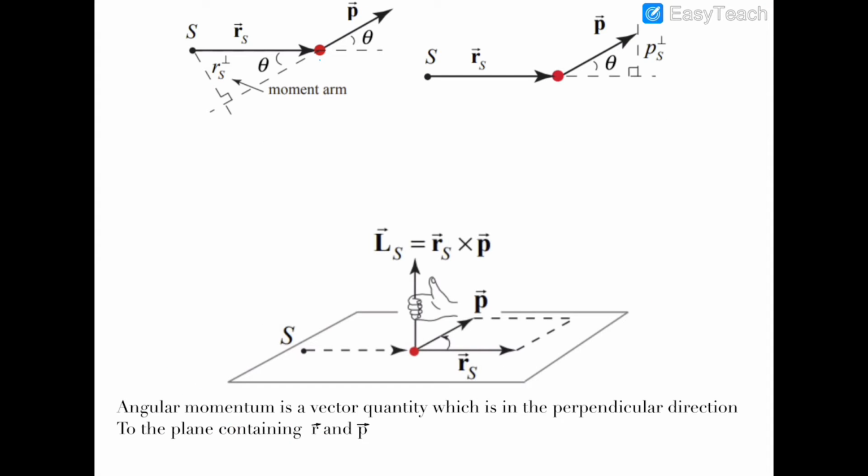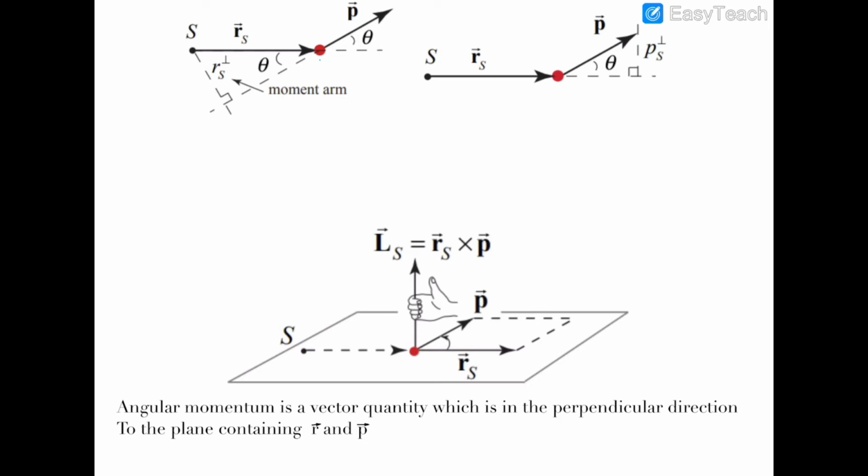Now you can see that this is a point moving with some momentum p, and we have to find the angular momentum of this point about the point S. Let us first join S with this point, and this is the vector r_S.